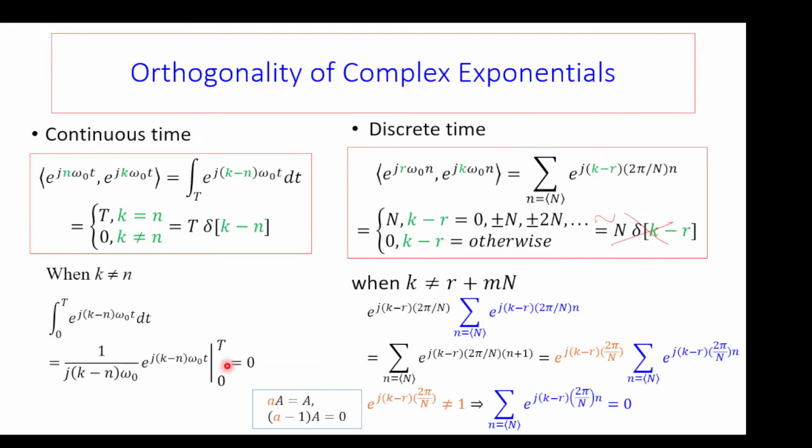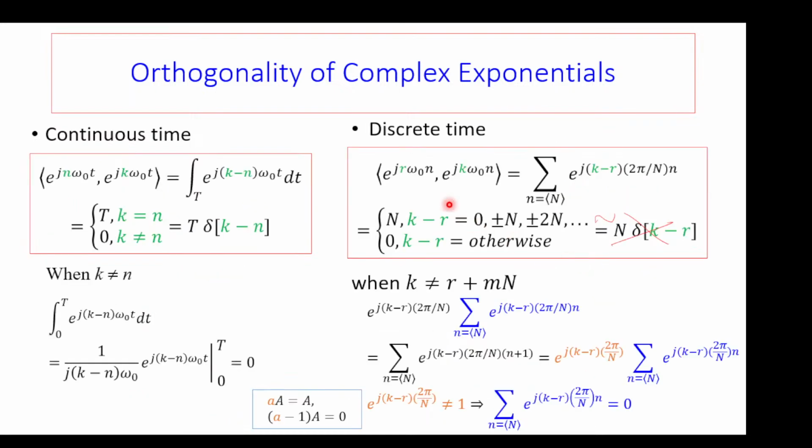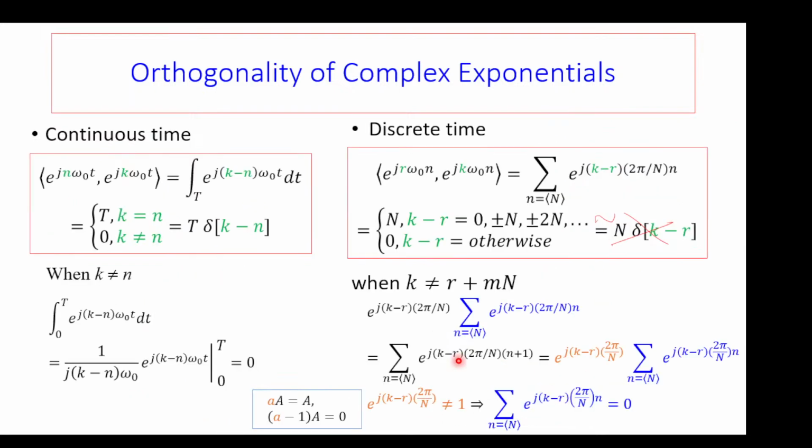But if k minus n equals 0, then you are integrating over a constant function, and you get big T. And similarly for the discrete time case, we said before that if we are summing over these points with k minus r not equal to 0, then we are summing over an equal partition of the unit circle, and it will become 0. And if k minus r equals 0, then you are summing over this one point on your complex plane, and your summation will become big.